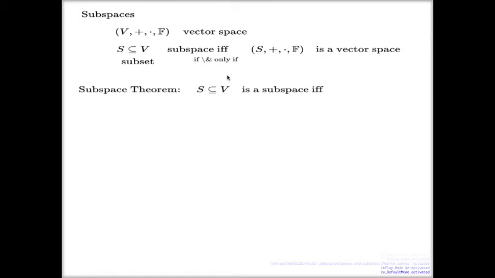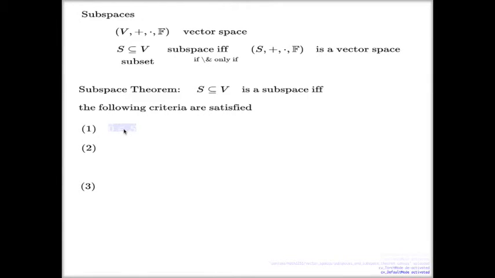A subset S will be a subspace if and only if the following criteria are satisfied, and here are the criteria. There will be 3 of them, and that's already a relief, because in a direct verification you need to do 10 criteria, 10 axioms, whereas when you test for the subspace you need to test only 3, but those 3 you will need to test every time you look at a subspace.